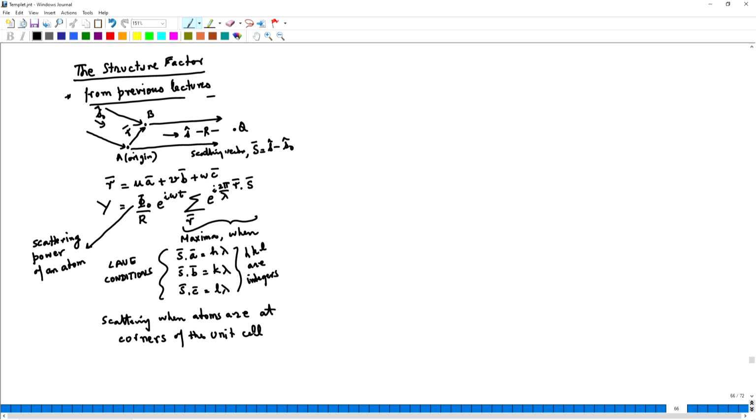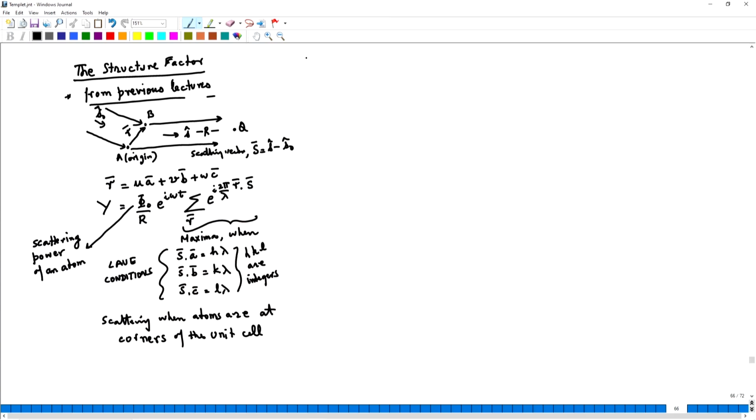But our real crystals are going to have scattering centers or atoms not only at the corners, but at other locations as well. It depends on how many atoms are present in the unit cell. So, now what we are going to do in this lecture, I am going to extend this analysis. So, let us extend it.